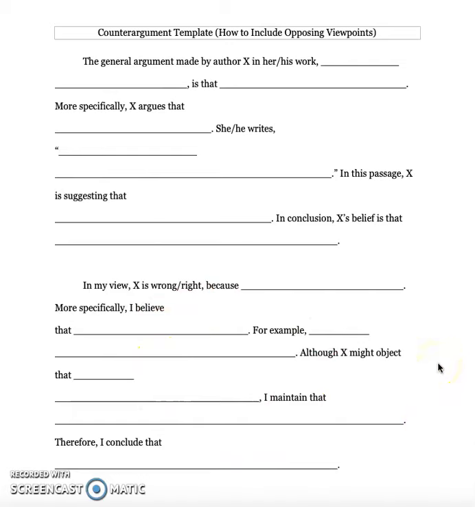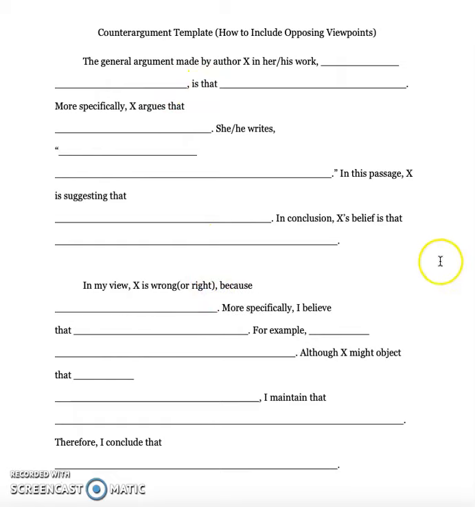In my view, author X is wrong or right because blah, blah, blah. So here's the reason why I put right in here. I'm going to change this for you guys and put this here because I don't want to confuse you.